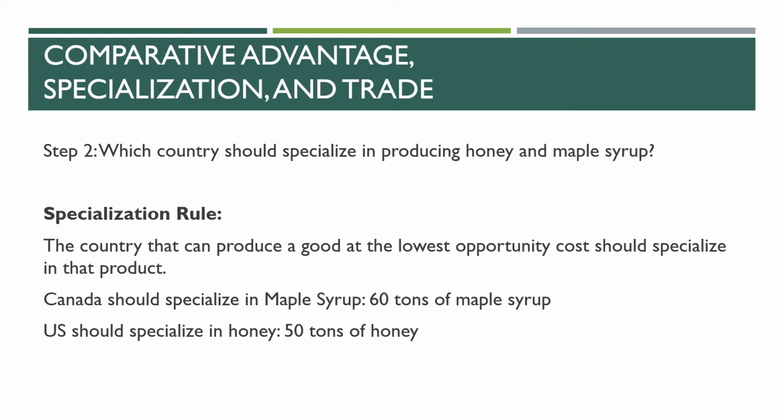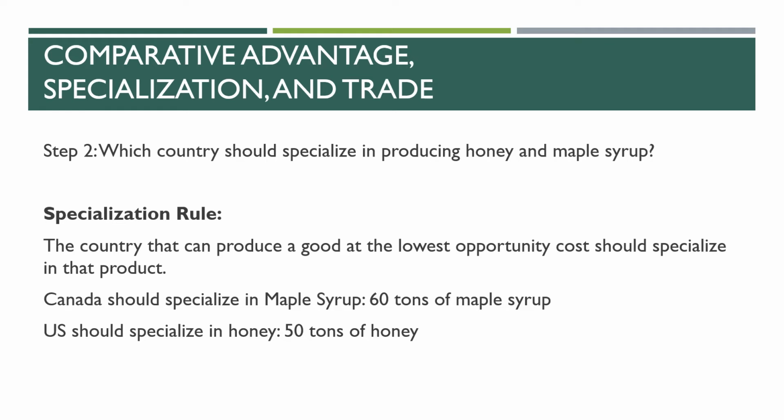The specialization rule here is very, very simple to follow. Whichever country has a lower opportunity cost to produce a particular kind of product, this country should always specialize in that particular product. That means this country should devote all resources to produce that one thing.